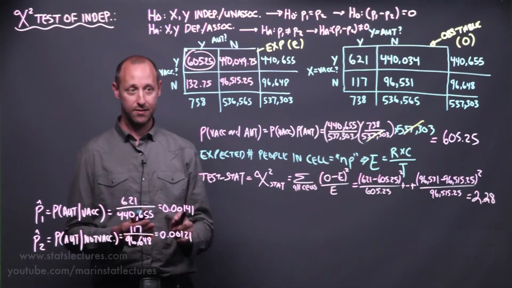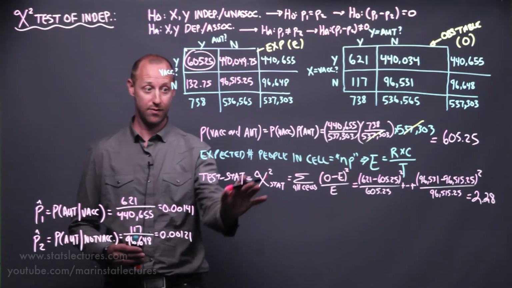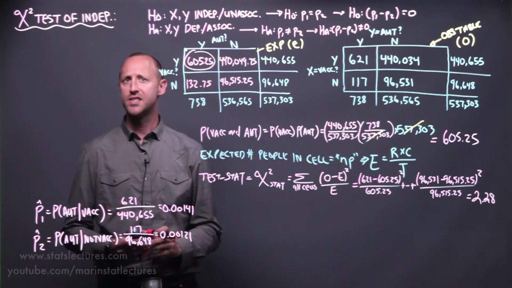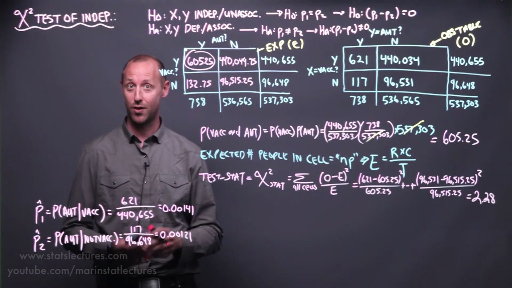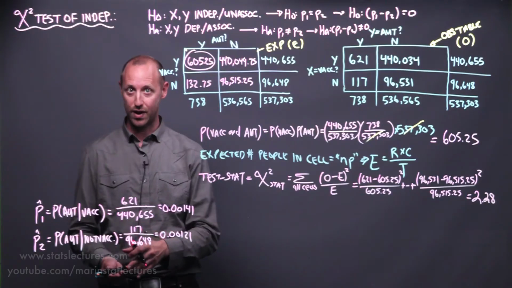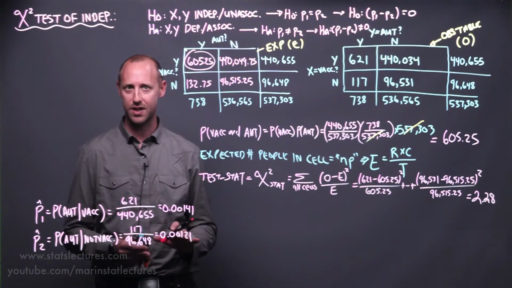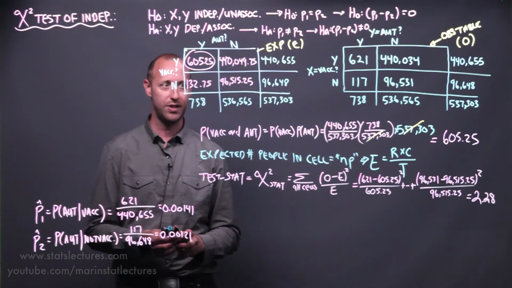This test statistic follows some distribution. It follows a chi-squared distribution, similar to what we've seen earlier. In the t-test, we assumed our test statistic followed a t distribution. ANOVA, it followed an f distribution. So here's another theoretical probability distribution.